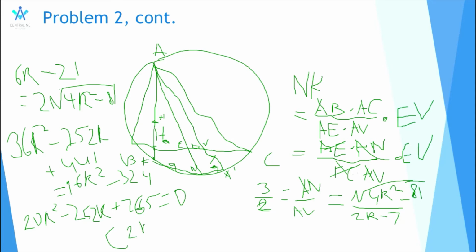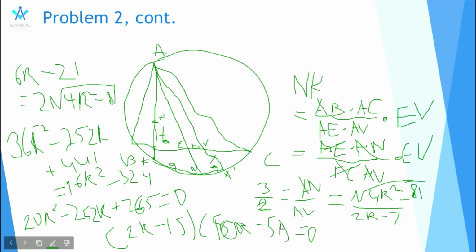2r minus 15, 10r minus 51. Alright, so either r is equal to 15 over 2 or r is equal to 51 over 10.